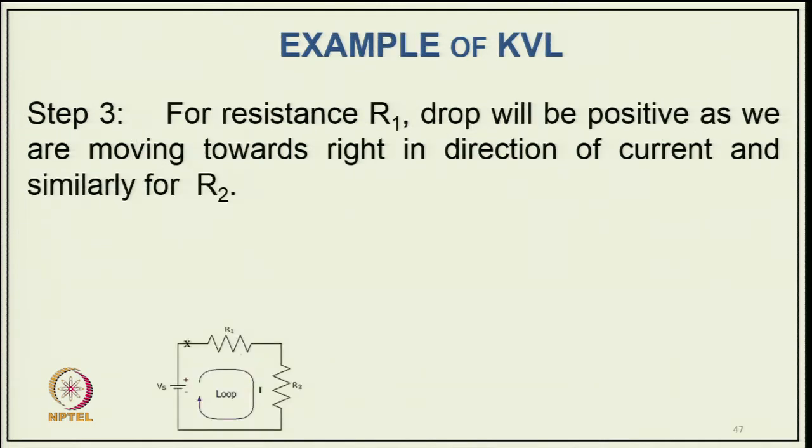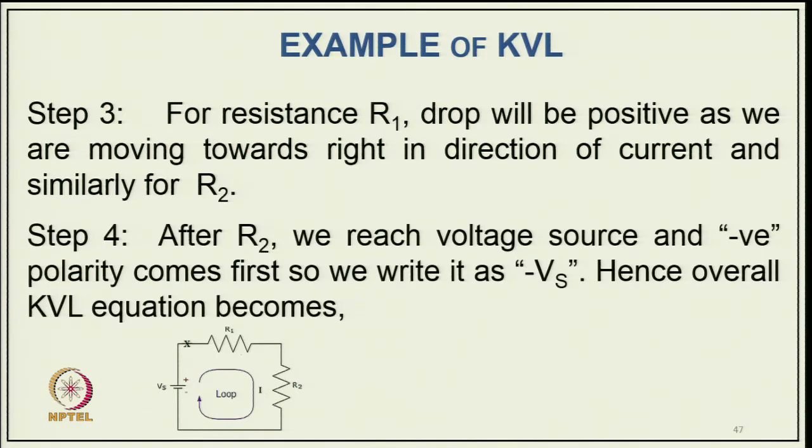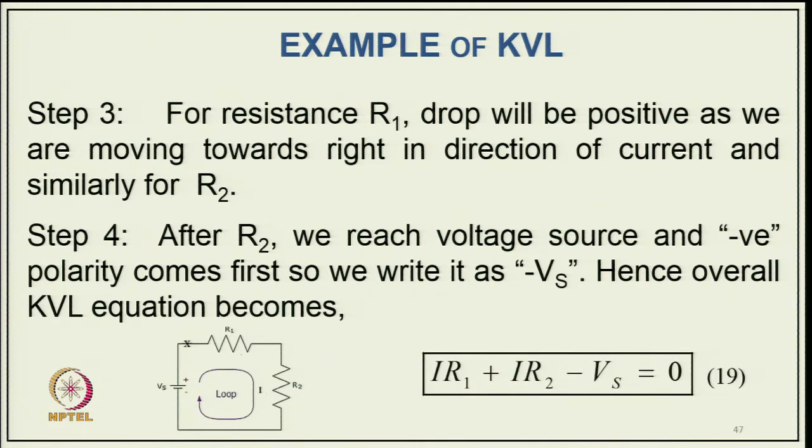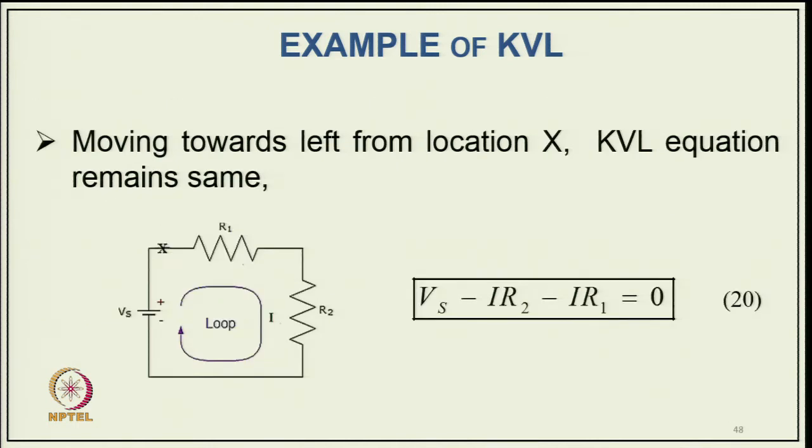Then the drop across resistance R1 will be positive as we are moving towards the right in the direction of current, and similarly for R2. Step 4, after R2 we reach the voltage source and the negative polarity comes first, so we write it as minus Vs. Hence the overall KVL equation becomes I R1 plus I R2 minus Vs equal to 0, and moving towards the left from X, the KVL equation remains the same.